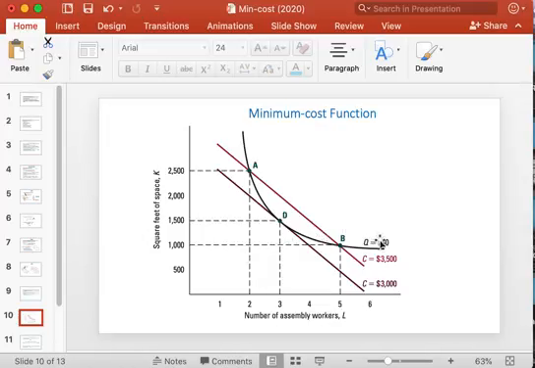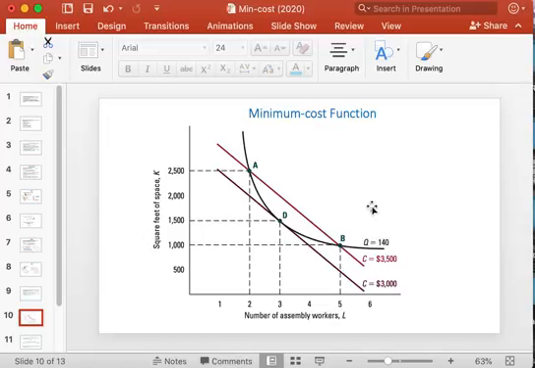You can see this isoquant line for 140 units of output, Q equal to 140 units of output. This is tangent to this isocost line, which represents a total cost of $3,000.